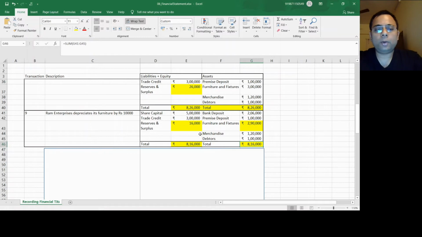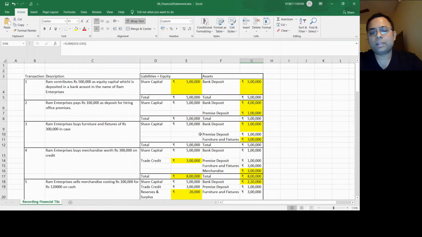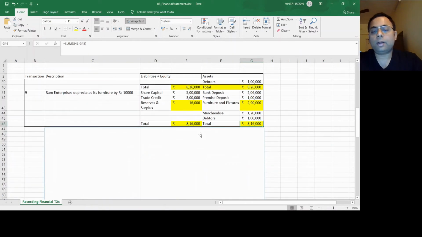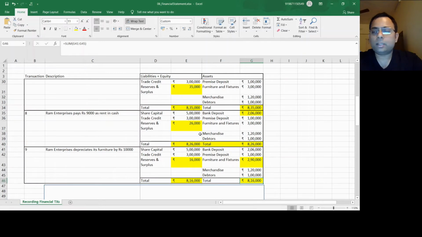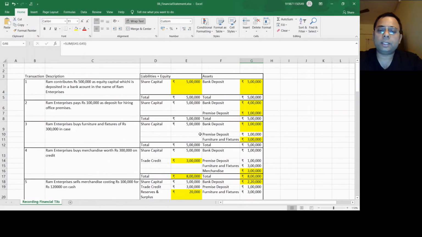Okay, so I hope you understood up to this point, how the various transactions are recorded. Now, there are probably many other ways to record these transactions, and there are different kinds of transactions arising from various business operations. Most probably we don't need to go into the depth of how these transactions are recorded, but this is just to give a fair idea of how transactions are recorded in general.